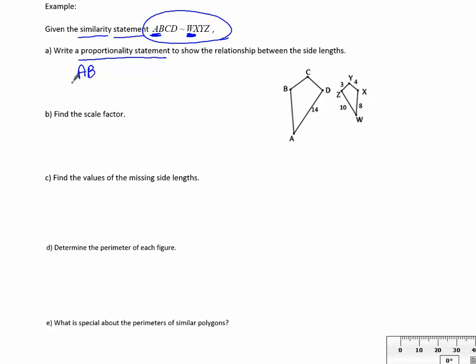So AB over WX equals, now look at another pair of sides, BC and XY.